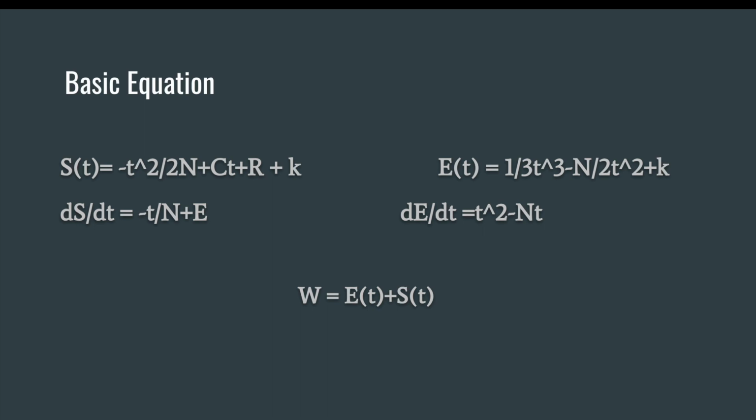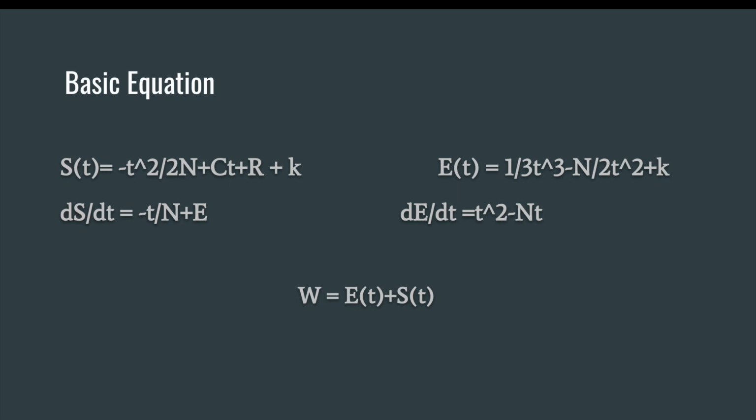So when we conduct the change in stress over change in t, we put it as negative t over number of people plus the efficiency of the astronauts, since they are expected to do more work, and the stress of the astronauts will accordingly increase.